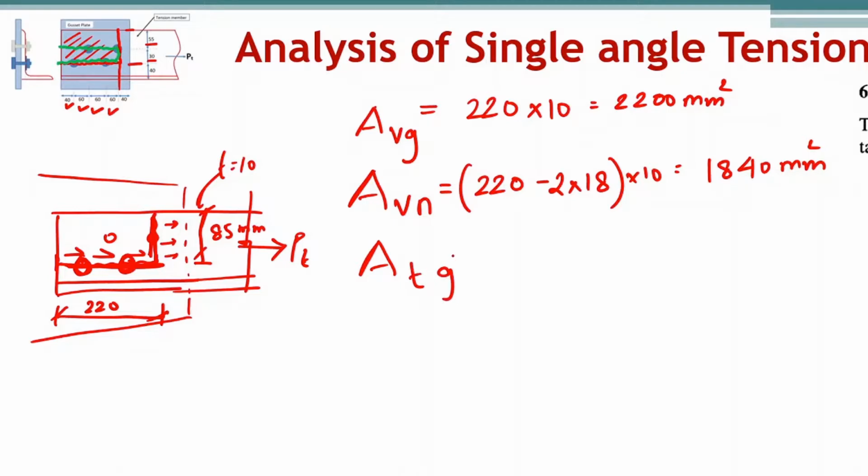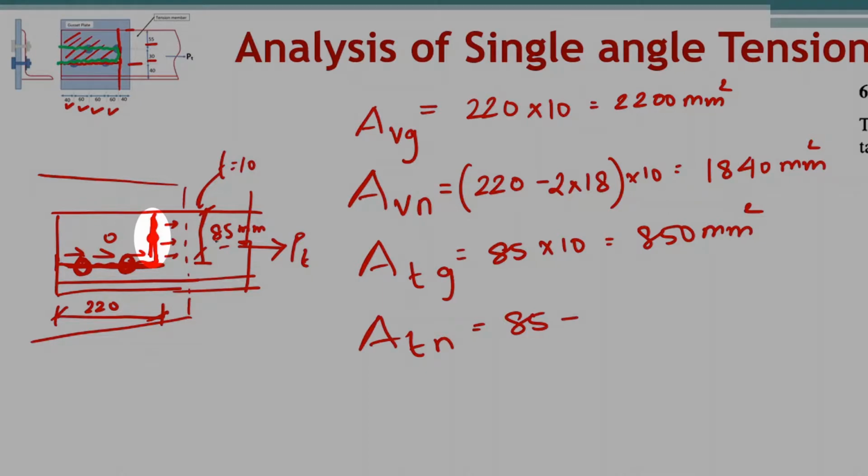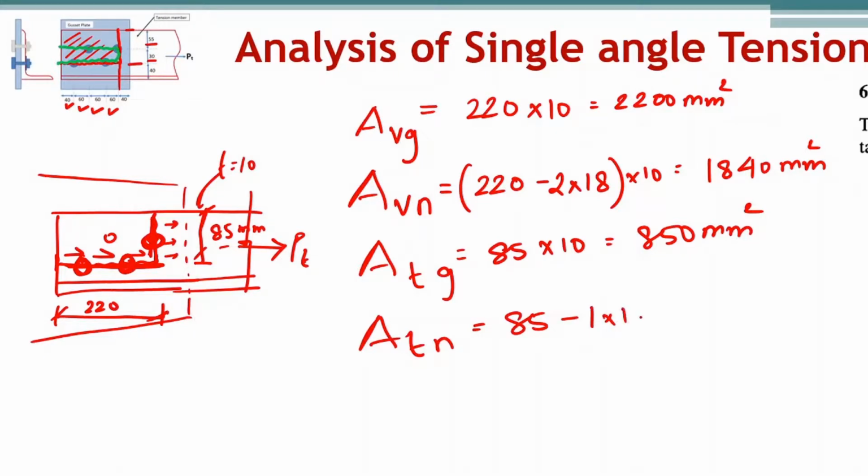Gross area in tension is equal to width 85 into 10 mm, which is 850 mm square, and the net area in tension, ATN, is width minus the number of bolts in the tension failure plane: 1 bolt. So 1 times dia 18 into thickness 10, which is equal to 670 mm square.